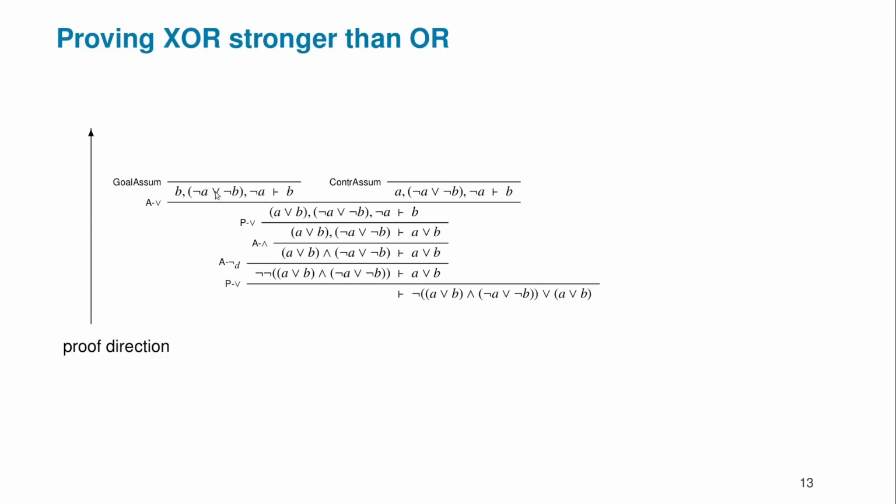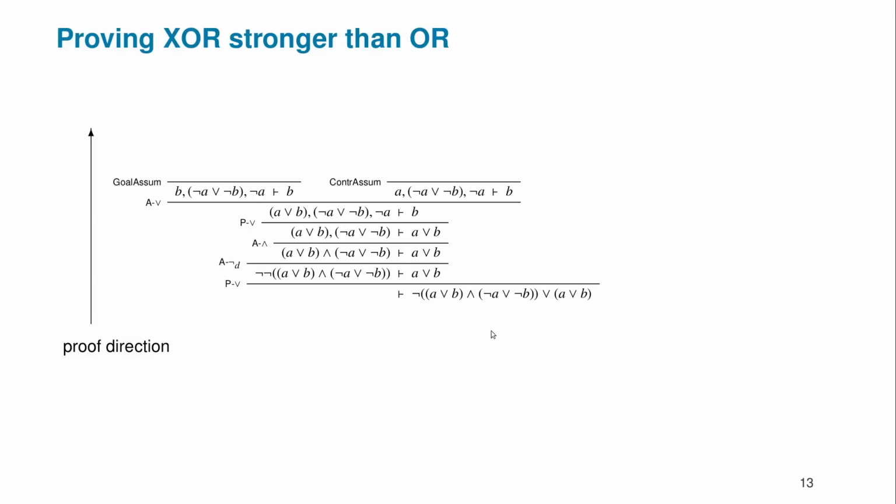So I have the goal in the assumption, so here I'm done, I have an axiom, and the same holds on the other side as well. Here I have the other axiom, I have an A here, and I have a not A also in the assumption, so I have a contradiction in the assumption, which is an axiom. And since I have axioms in both branches of our derivation, I can conclude that this formula here is valid.